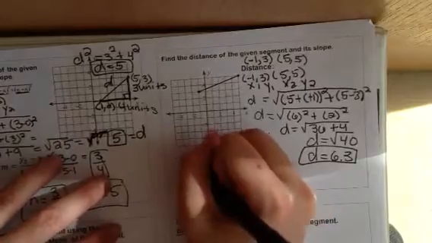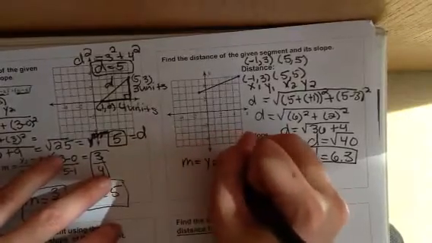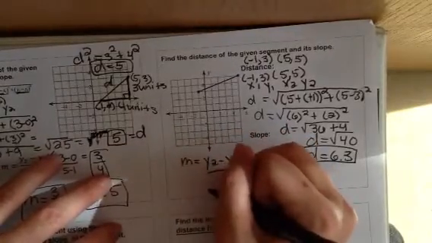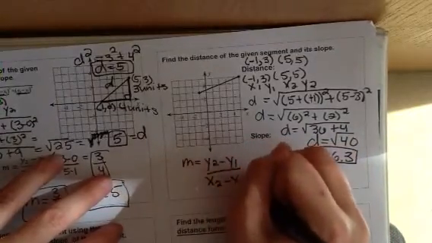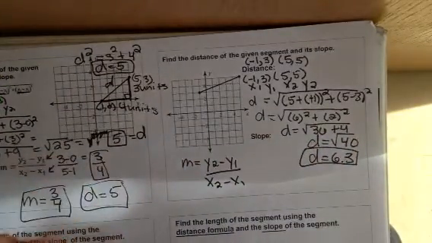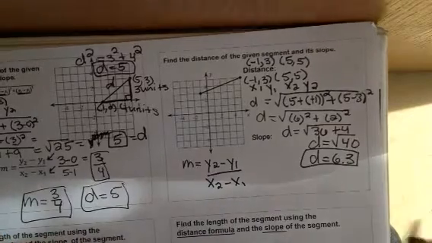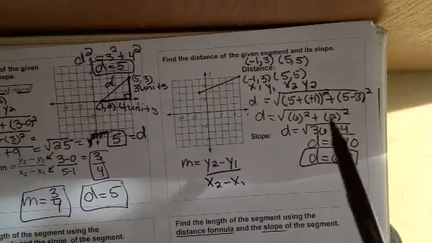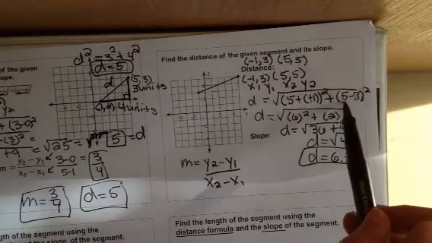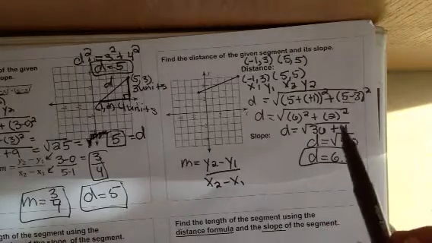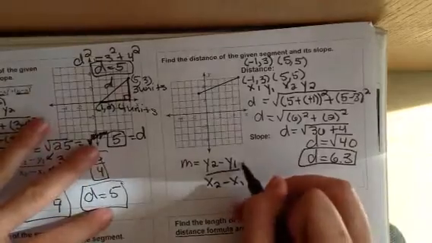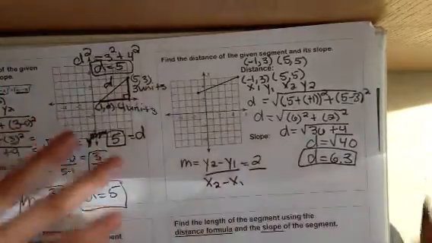So if you've done the distance, the slope is going to be a lot easier because since slope is y2 minus y1, remember y is always going on top, it's always vertical over horizontal, over x2 minus x1, we could look back at my formula. So what represented y2 minus y1? These were my y's here. 5 minus 3. You could write 5 minus 3, but I know that's going to simplify. The numerator is 2.